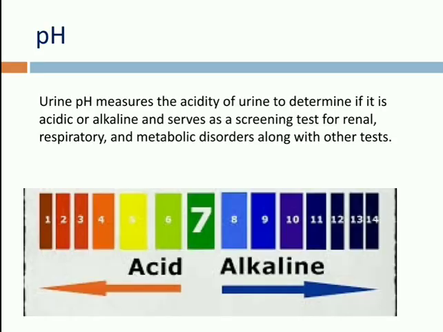Next we have pH. The urine pH measures the acidity of the urine to determine if it is acidic or alkaline, and it acts as a screening test for renal, respiratory and metabolic disorders along with other tests.